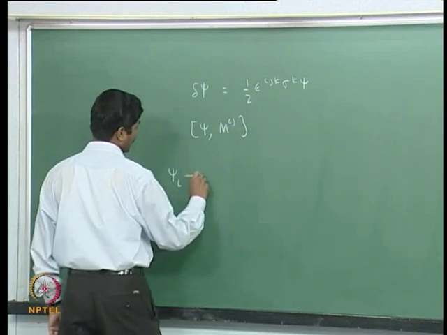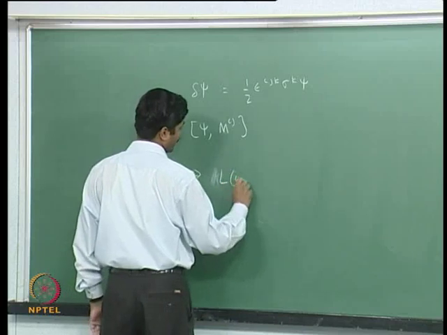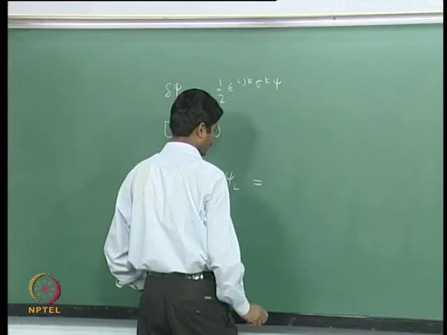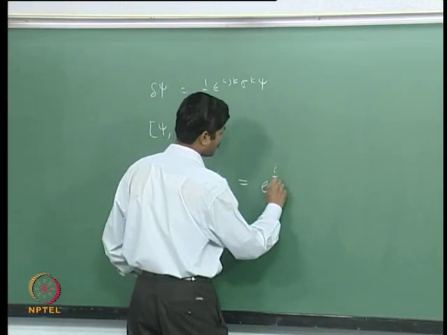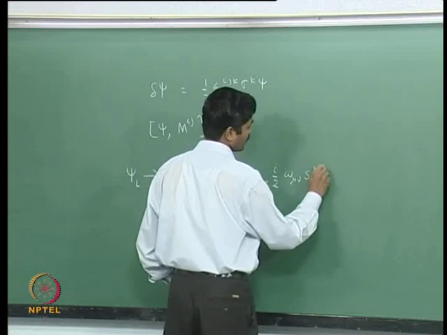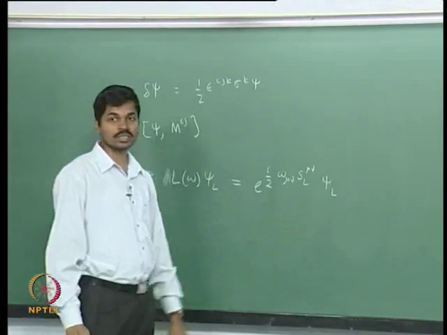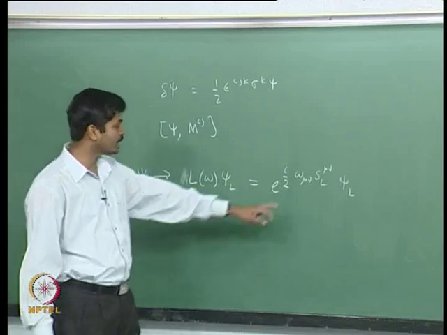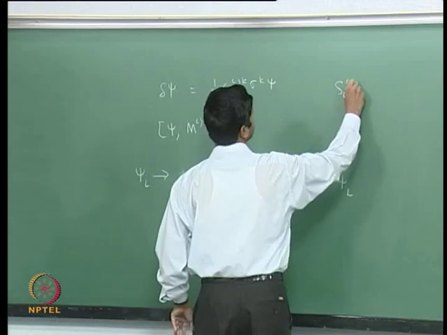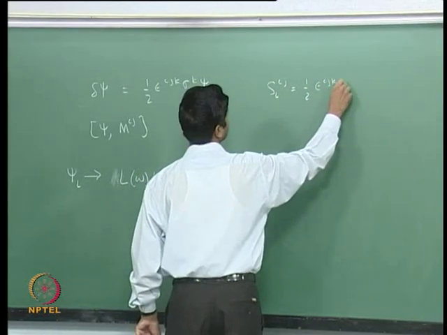My transformation is psi L goes to L of omega psi L. L of omega is nothing but e to the power i over 2 omega mu nu SL mu nu acting on psi L. So you look at the infinitesimal transformation here, and because of the definition of psi L, if you remember, SL ij is just half epsilon ijk sigma k, right.